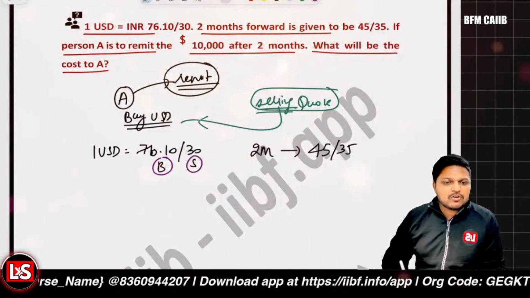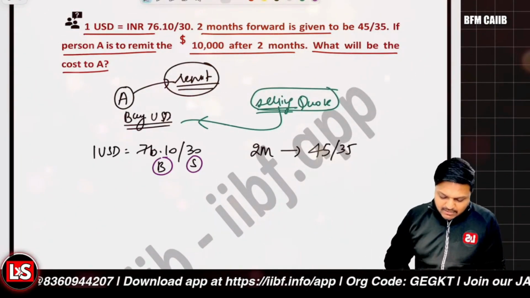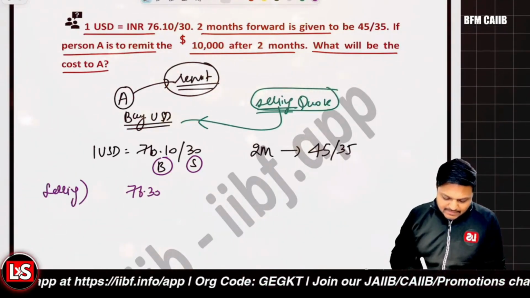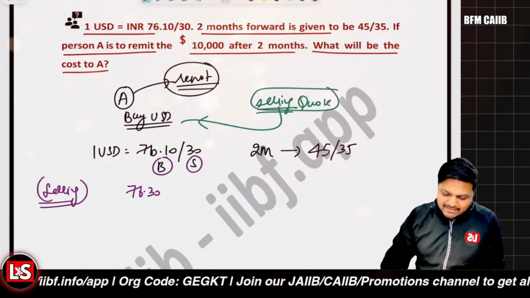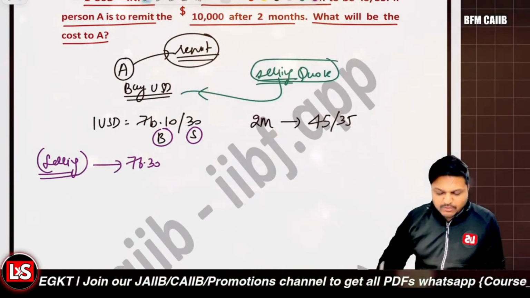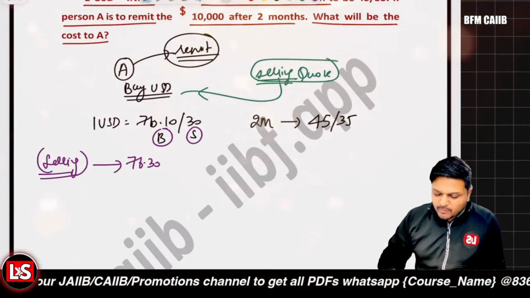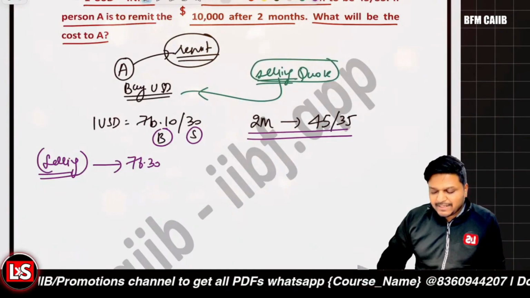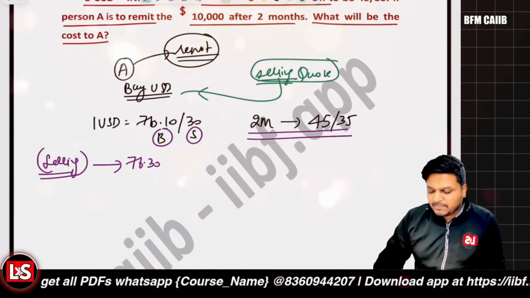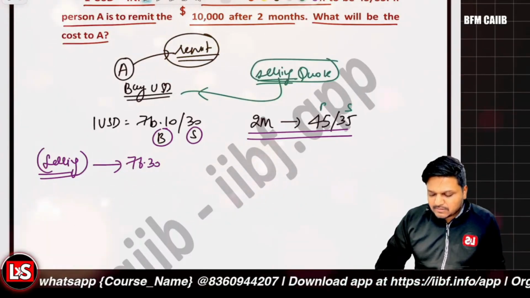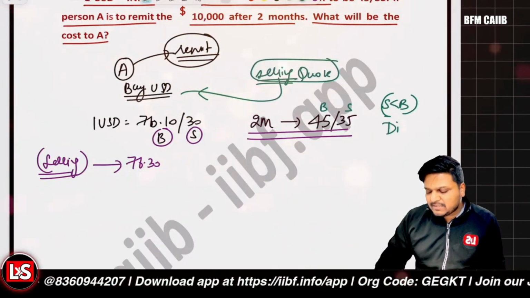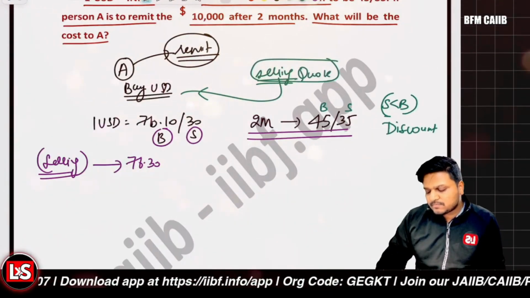So it is the selling quote which is to be given, so it is 76.30. That's the selling rate. The selling rate is to be considered. I told you why the selling rate is considered, because a selling quote is to be given. So the selling rate is 76.30. And if we look at the forward points after 2 months, there is a decreasing trend from left to right, or simply we can say the selling forward points are lesser than the buying forward points, which means the currency is available at a discount after a period of 2 months.